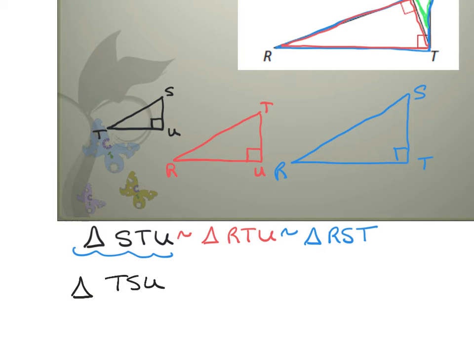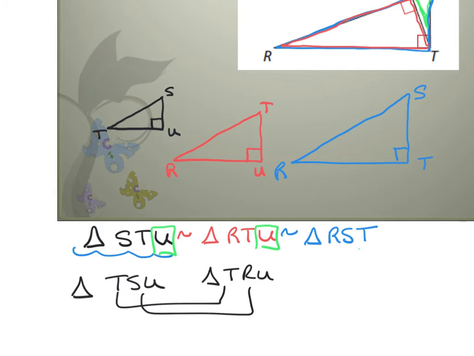So then the next one, you would have flipped it, TRU. Everything needs to match up. So if you notice on all of them, the last letter here was the right angle. The first two letters were the hypotenuses on all three triangles.